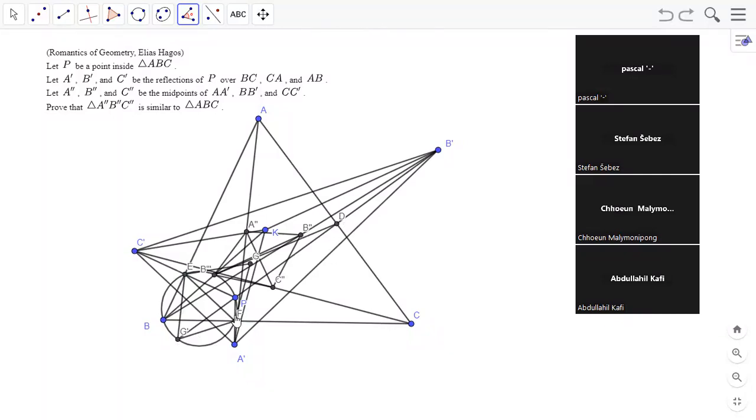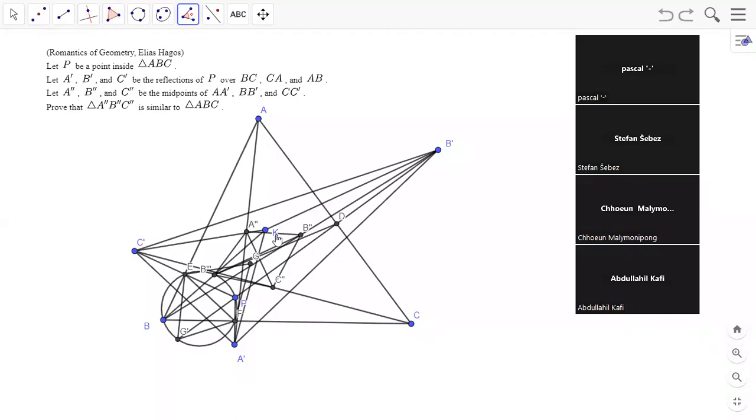So triangle G prime EF, we know is similar to triangle ABC. And so therefore, if we reflect G prime across EF, it still has to be similar to ABC. But now we might be able to apply the gliding principle. So then we reflect P over EF.